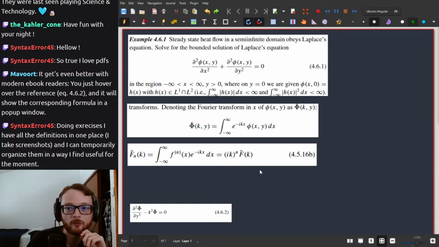And so we're choosing to do a Fourier transform on X. And so capital phi hat, I guess we'll do sub 2 of ky.